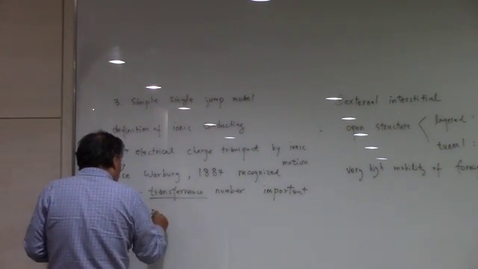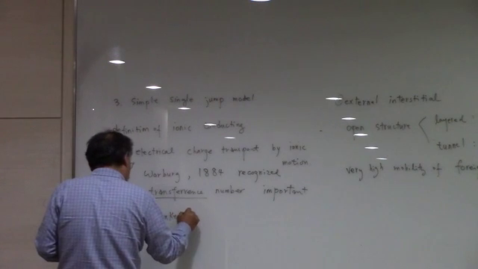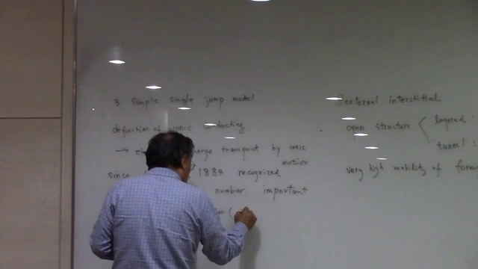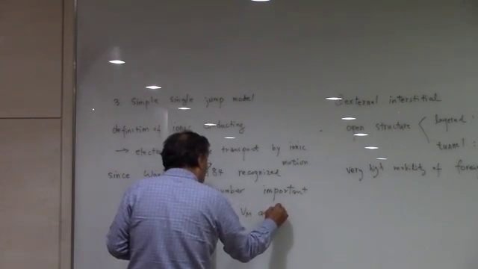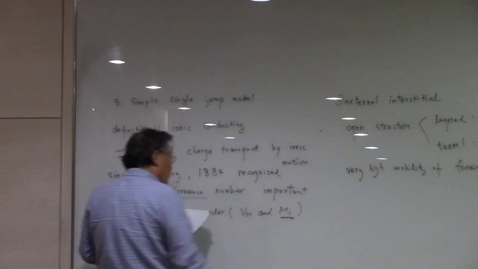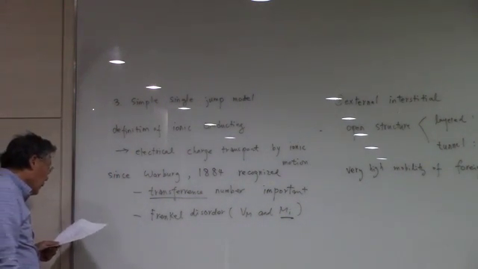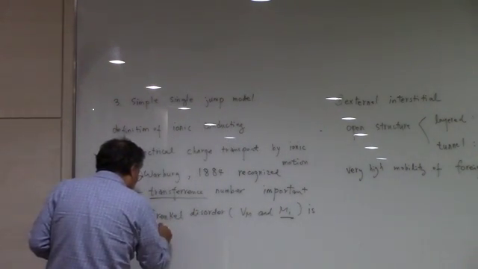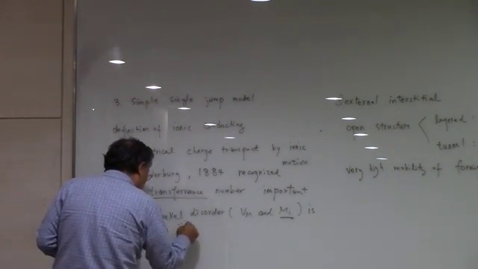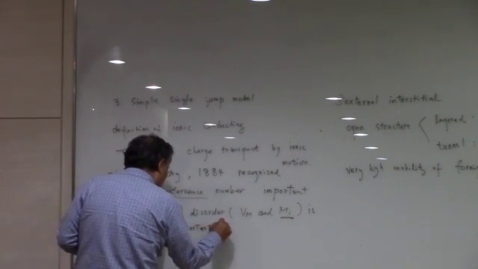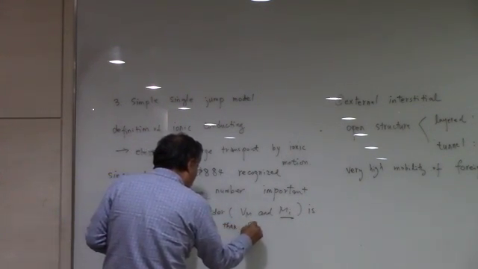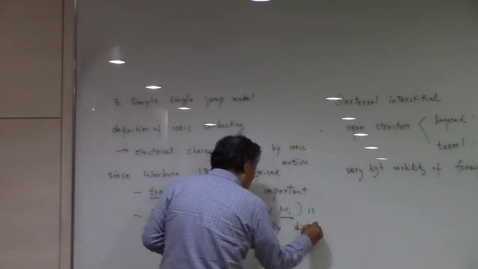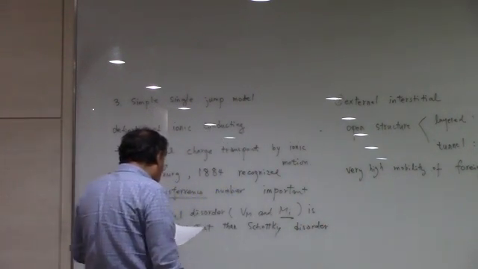And the Frenkel disorder that we have just mentioned is important. Frenkel disorder is the vacancy and the interstitials, and especially the interstitial is more important than Schottky disorder, where the vacancy is important.